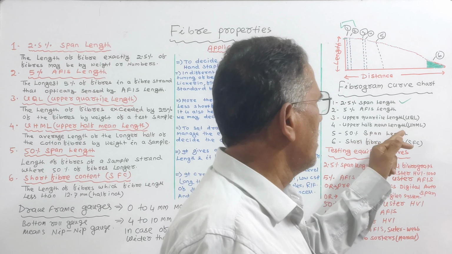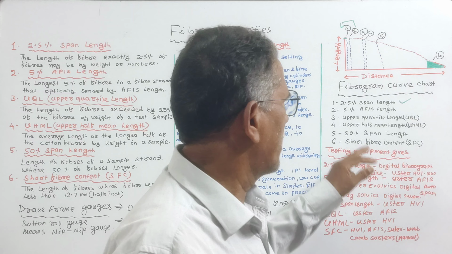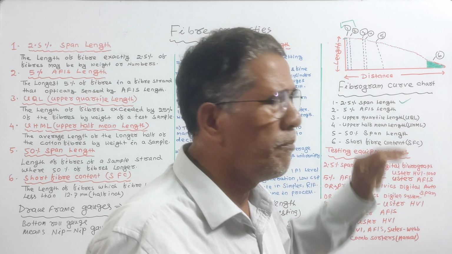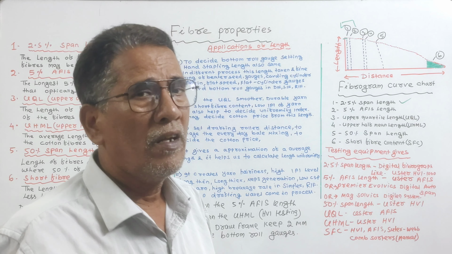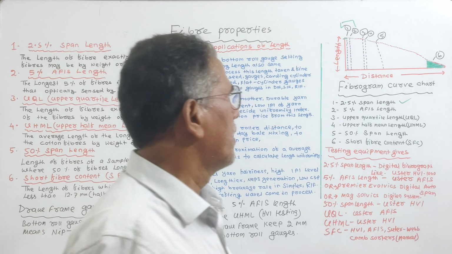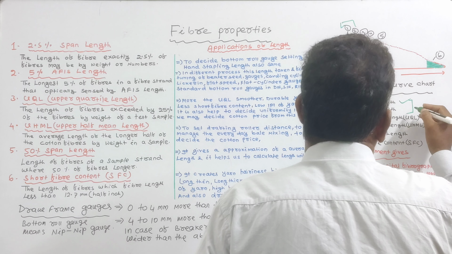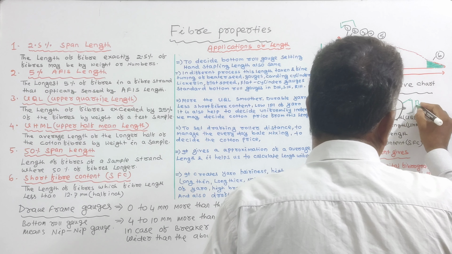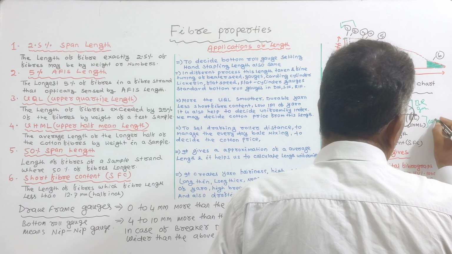Generally UHML comes from the SBI machine, and whenever this comes, we may set the drawing frame gauge accordingly, and the cotton rate is also decided. Both are for bottom roll gauge specially. This decides the cotton price.